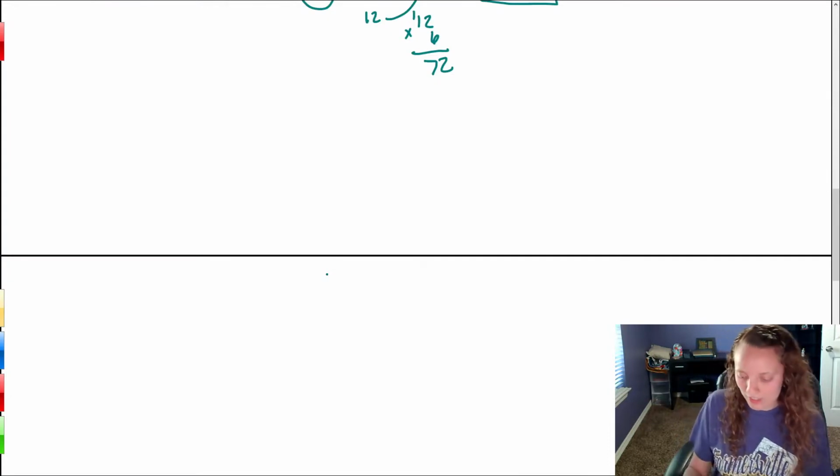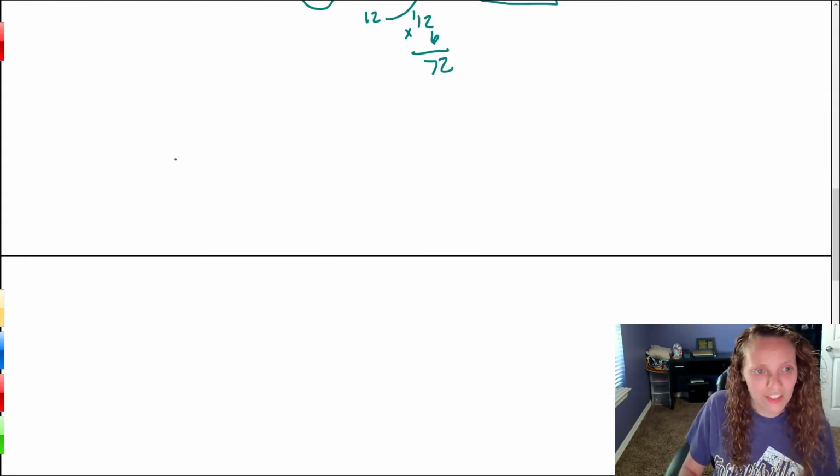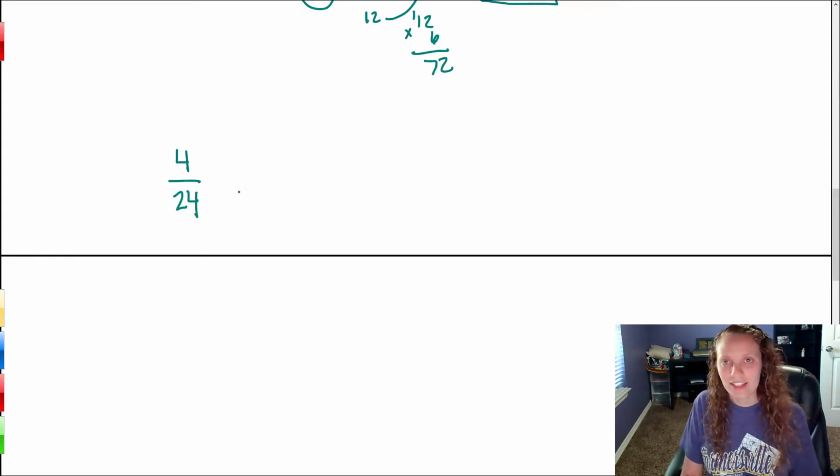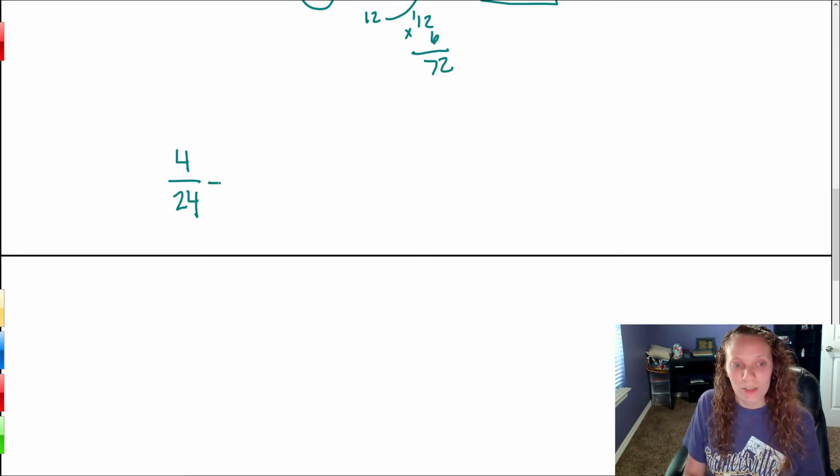What I mean is, let's say we get the answer 4 over 24. And that answer choice probably is not going to be there if this is a multiple choice question. So if you multiply fractions together and you get this answer, you might need to do what's called simplify.